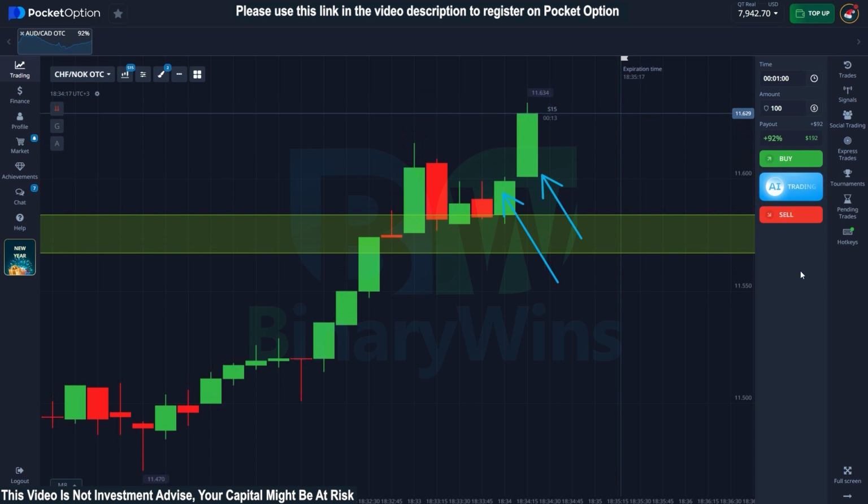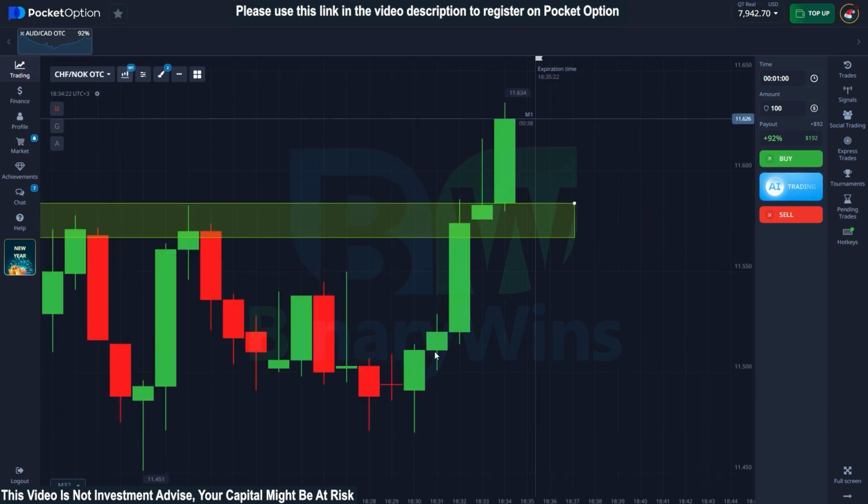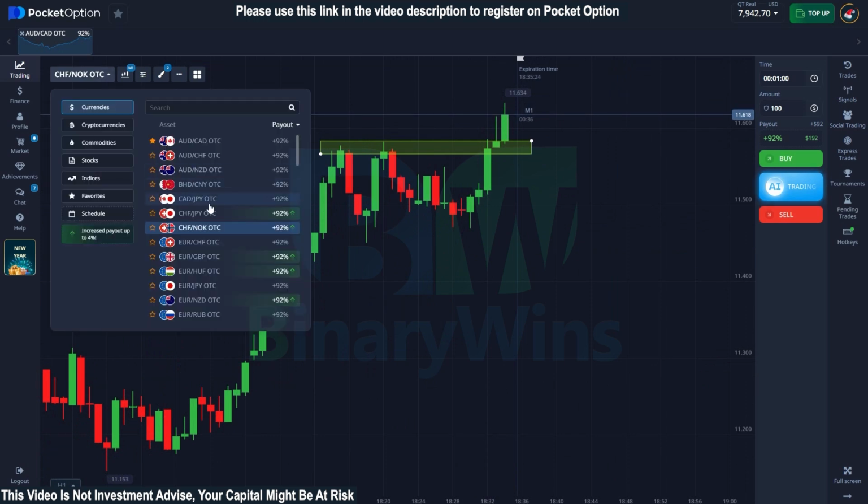A green candle was formed, so we do not trade. We look for another position.